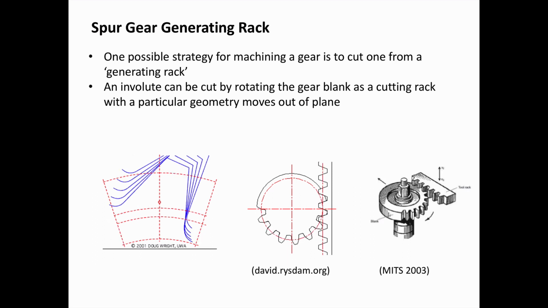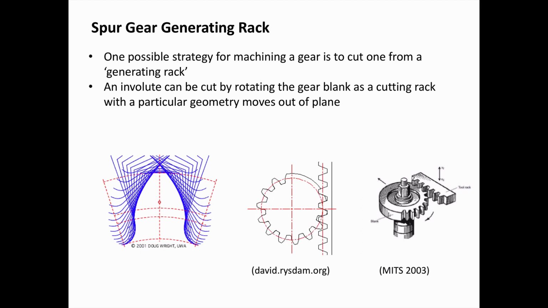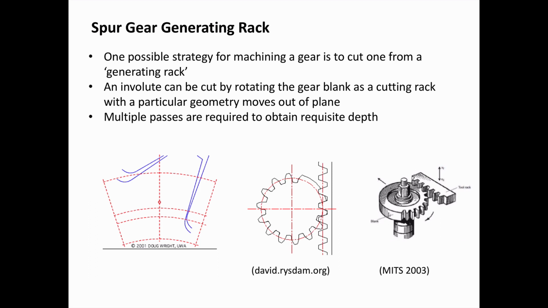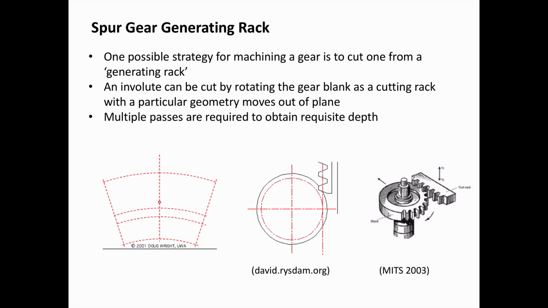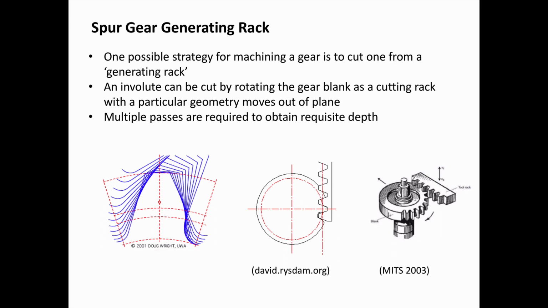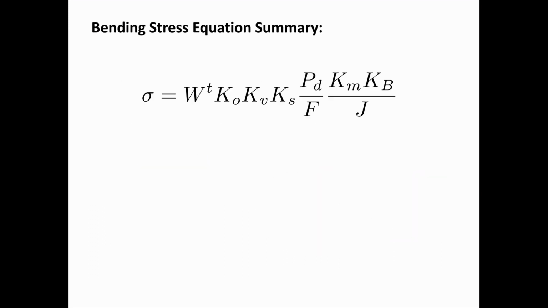Here's a diagram of what it might actually look like if we were cutting a gear blank using this method. Now, we usually cannot cut all the way to full depth using a single pass with the generating rack, and so we cut just some at a time, and it requires multiple passes to go to full depth.